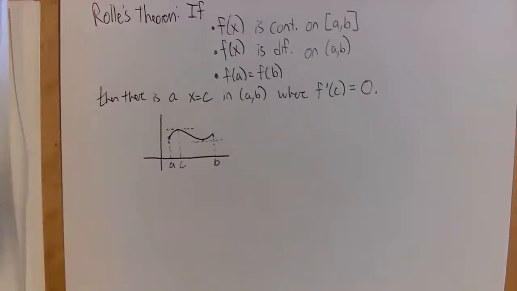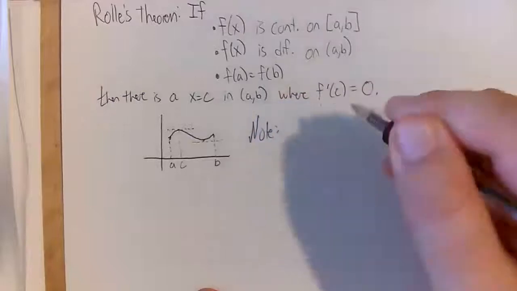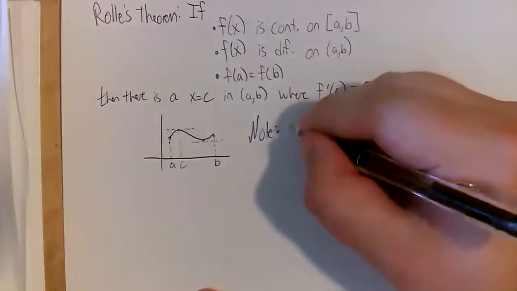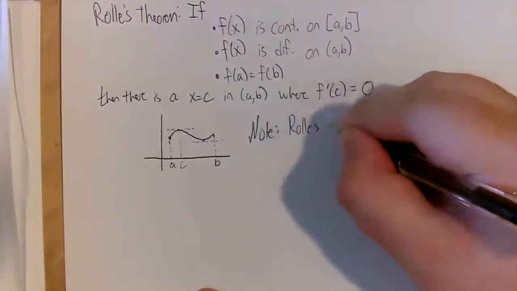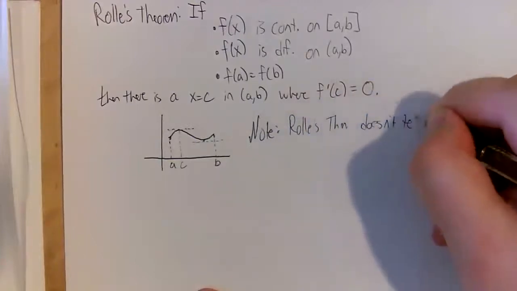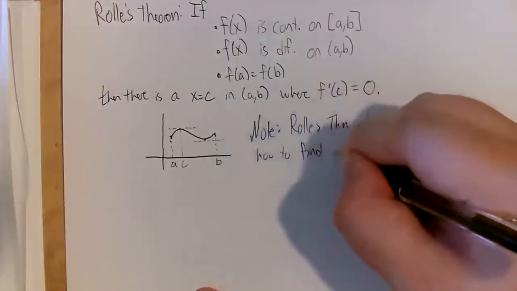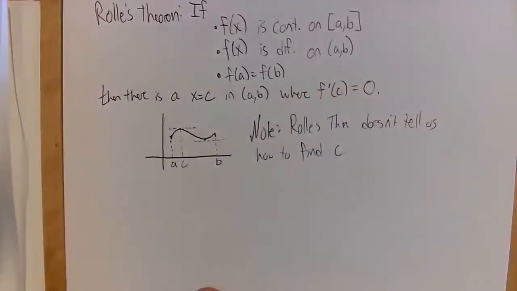All right. One thing I want to say about Rolle's theorem, and this is going to be true of some of the theorems we're going to learn about in this class, Rolle's theorem doesn't tell us how to find this special x value c.